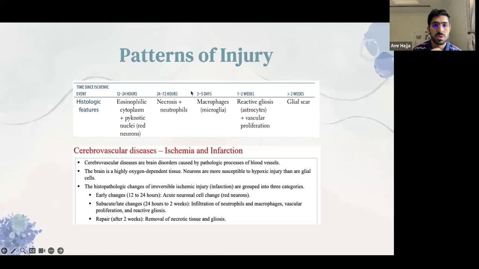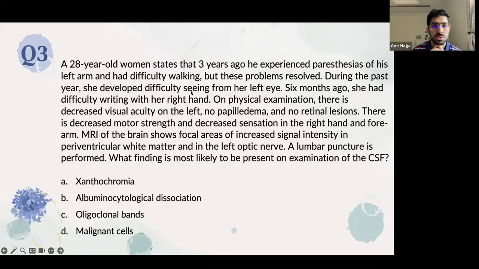Yes, okay. So now let's move on to question 3. A 28-year-old woman states that 3 years ago she experienced paresthesias of her left arm and had difficulty walking, but these problems resolved. During the past year, she developed difficulty seeing from her left eye. 6 months ago, she had difficulty writing with her right hand.